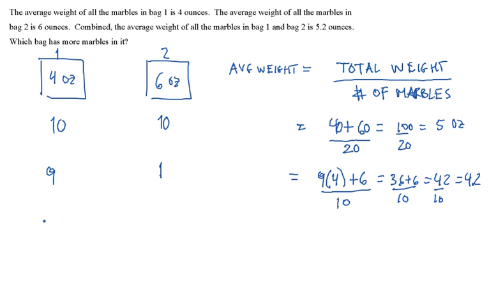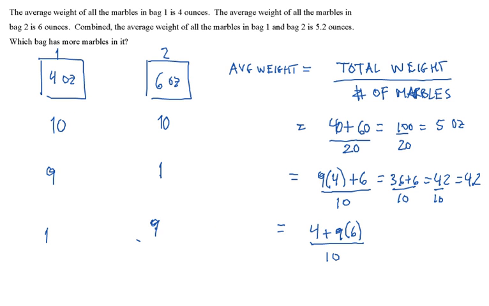And finally, suppose it was reversed. Suppose that you had 1 marble in bag 1 and 9 marbles in bag 2. What would the average weight be here? Well, it would be 4 plus 9 times 6, all of that divided by 10. 4 because there's 1 marble in bag 1, which has an average of 4 ounces, so there's just 1 marble that weighs 4 ounces.